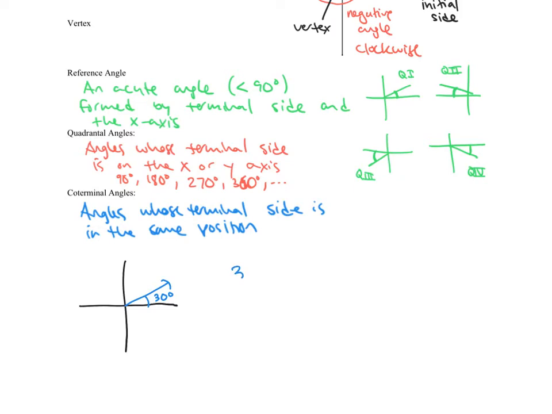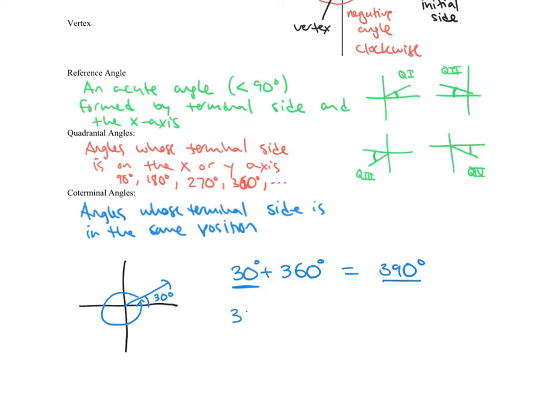If I add 30 plus 360, which is a full circle, I would swing around in the positive counterclockwise direction and end up in the exact same place. So 30 plus 360 is 390. That means that 30 and 390 are coterminal angles.